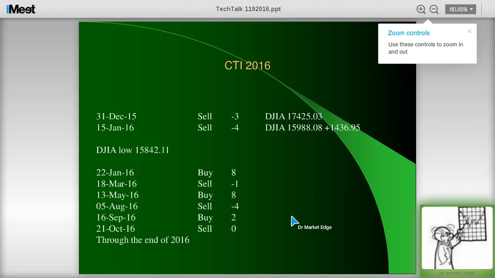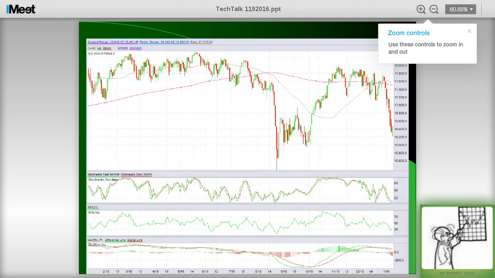Now normally you don't have this many swings in the CTI. Part of that is because for most of this year we're going to be bearish. Whether that results in a bear market, we'll find out. Of course, like we've been talking in these calls, if the Dow breaks below about 15.8 or so, it's going to probably induce more selling into the market.